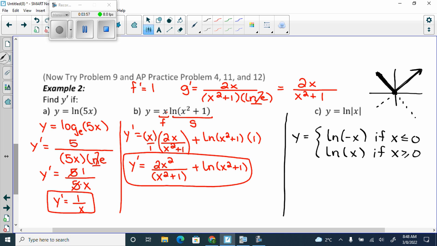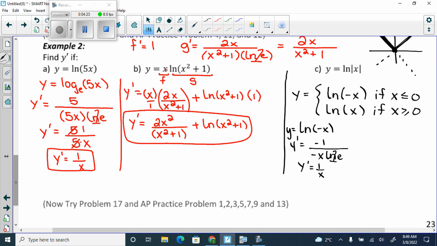So if we do the derivative of ln negative x, what do we get? We're going to get negative x on the bottom, ln e, which is 1, and then 1 on the top. So we get y prime equals 1 over x. We agree?